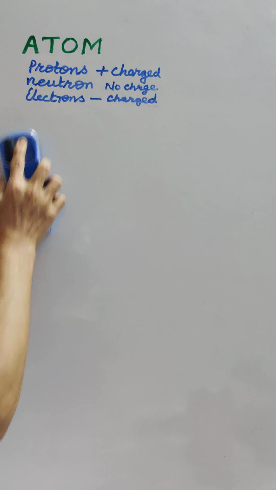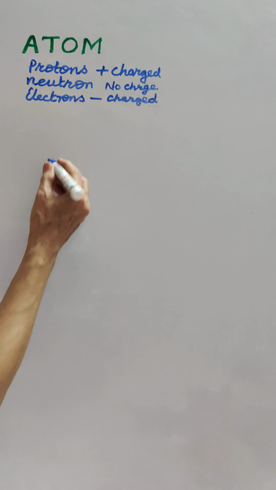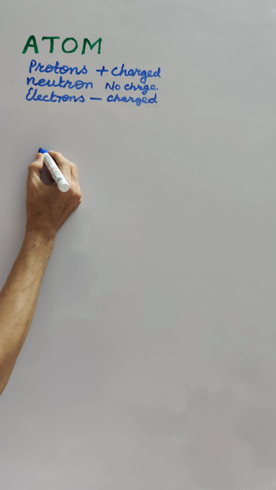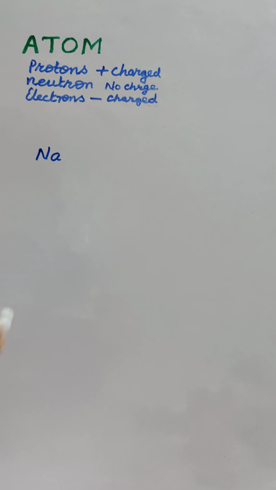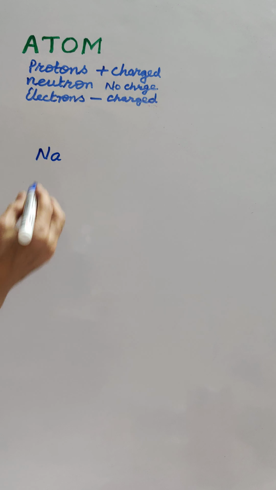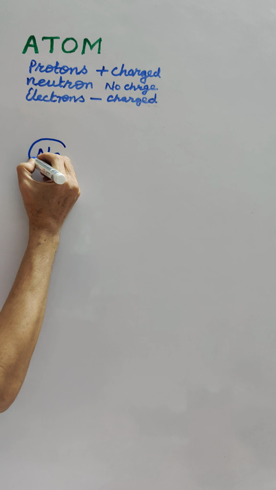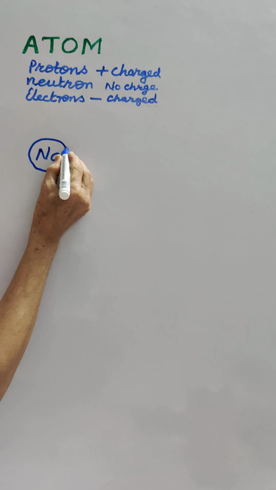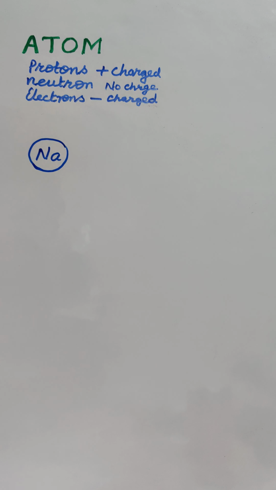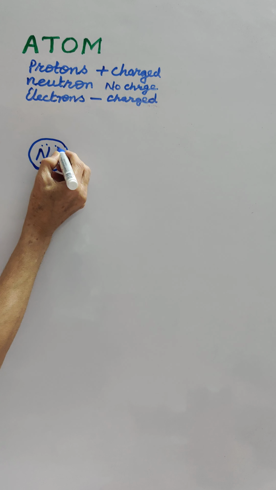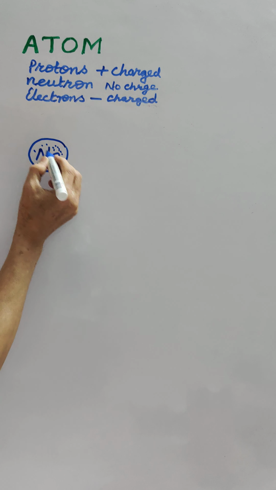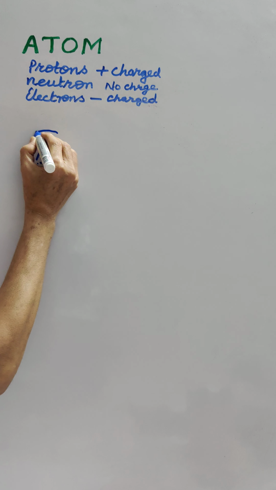Taking an example of sodium, Na, and chlorine, Cl. Say this is the nucleus of Na, and there are 11 protons and 12 neutrons inside the nucleus, and this is the first orbit.